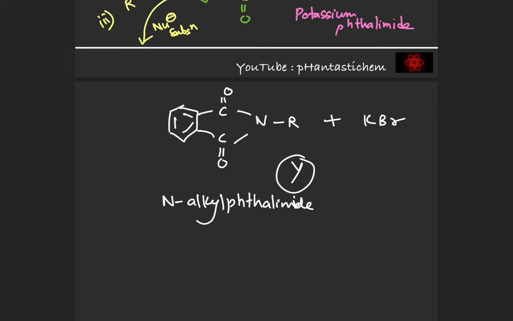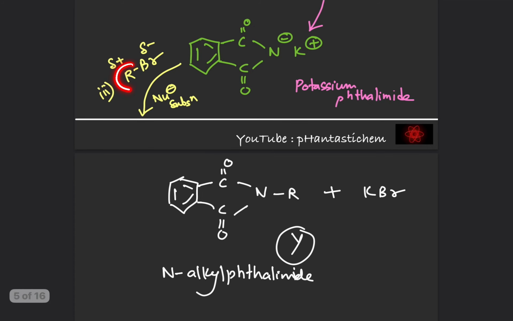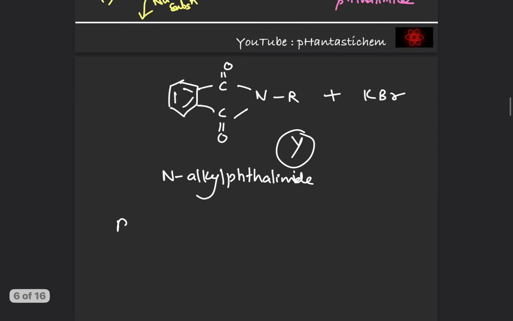Okay, there is a catch, and there are some conditions on what R you can use. You cannot use any R. R can be alkyl, but not aryl, and R can be primary, secondary, or tertiary in principle. Since it is a nucleophilic substitution reaction, this R cannot be an aromatic or aryl group, because we know that haloarenes don't undergo nucleophilic substitution, or you can say they are extremely less reactive. So R cannot be aromatic.